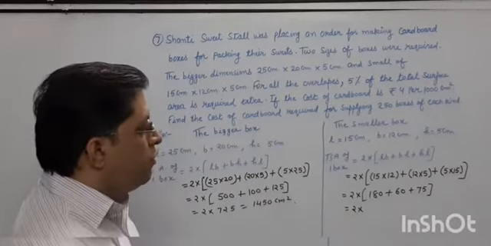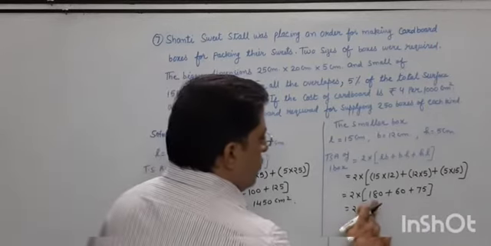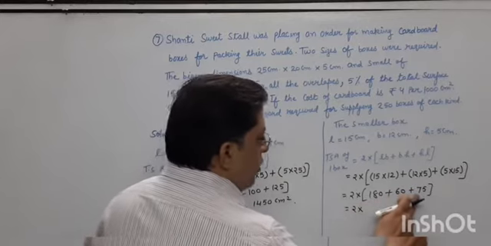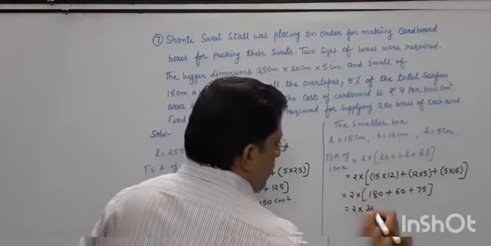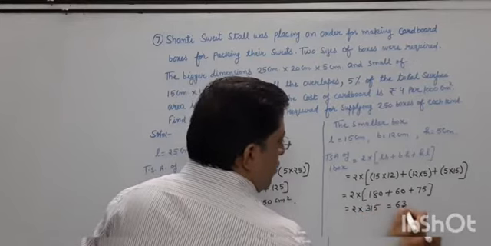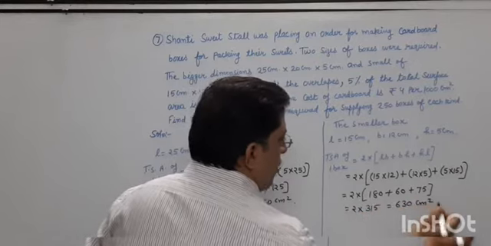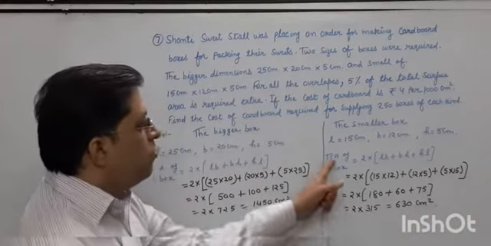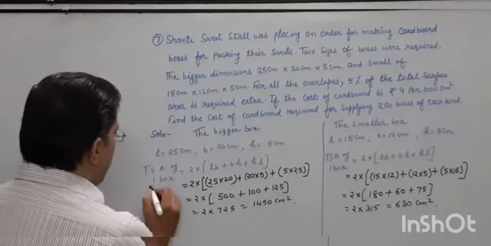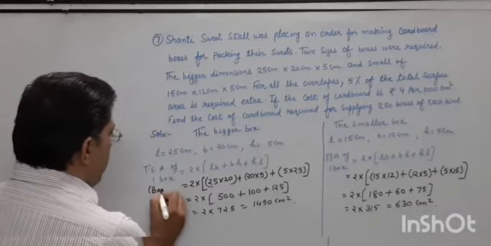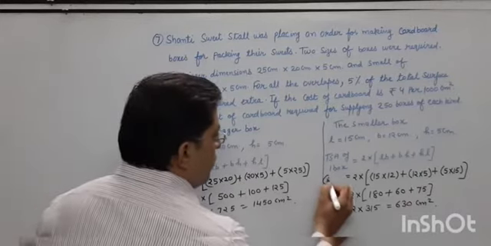Then this is 240, 310 and 5, 315. This is 630 centimeter square. This is TSA of one small box. This is TSA of one big box. This is one big box and this is small box.